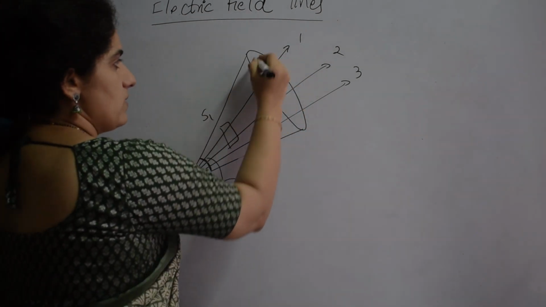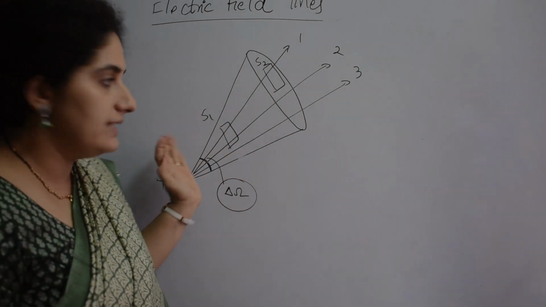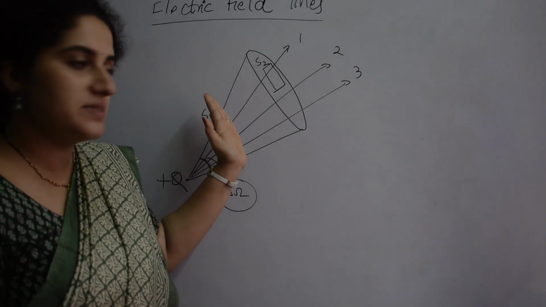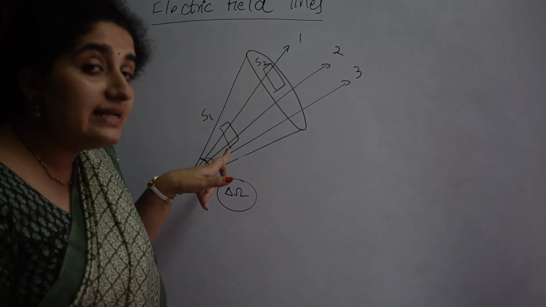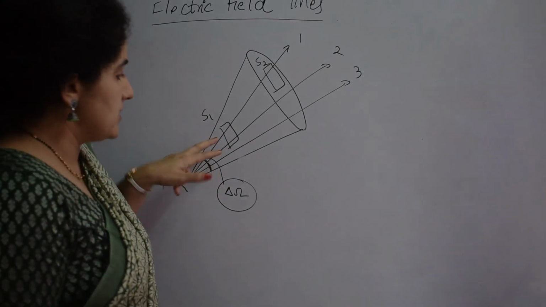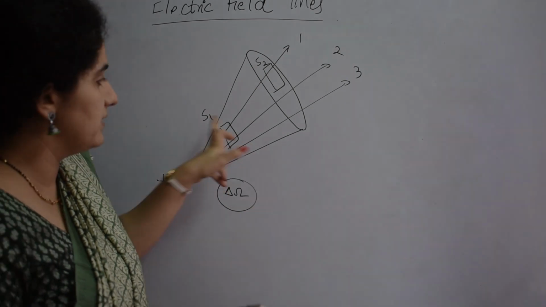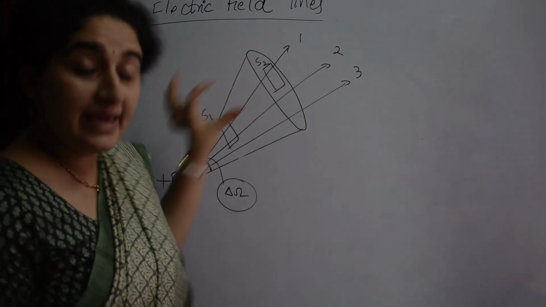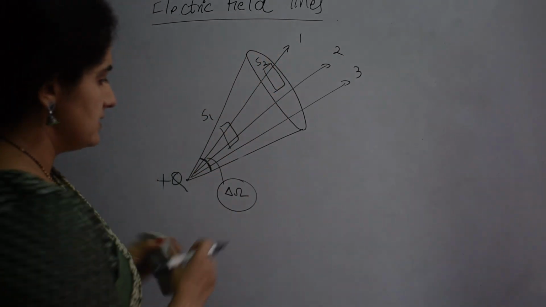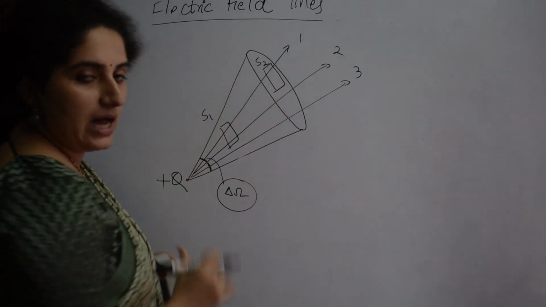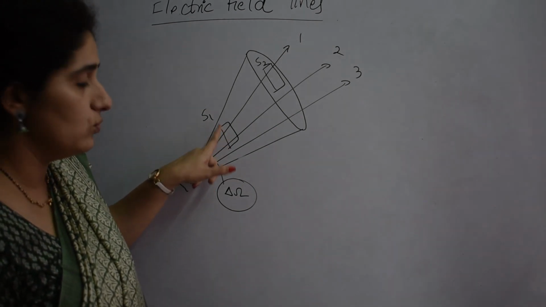Say that this is S1 and S2. So the number of electric field lines passing through any surface which is held perpendicular to the electric field gives you the relative density concept. That means, if S1 and S2 are the surface areas of this shape, the same areas but at different places, say this is at R1 and this is at R2 from this charge, then you can see clearly that here there are two field lines.